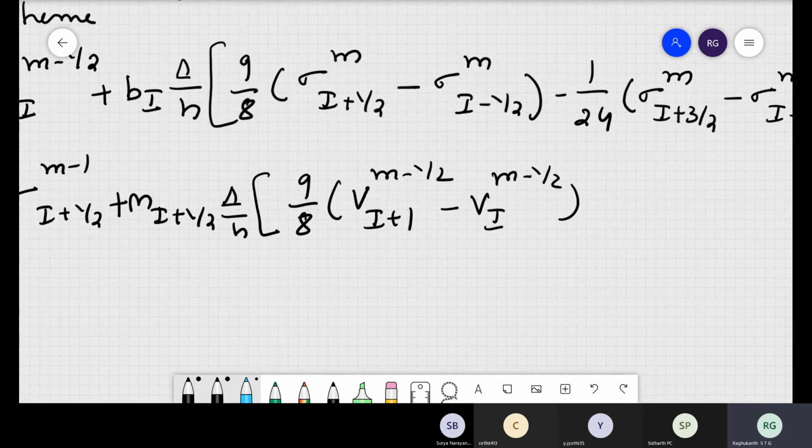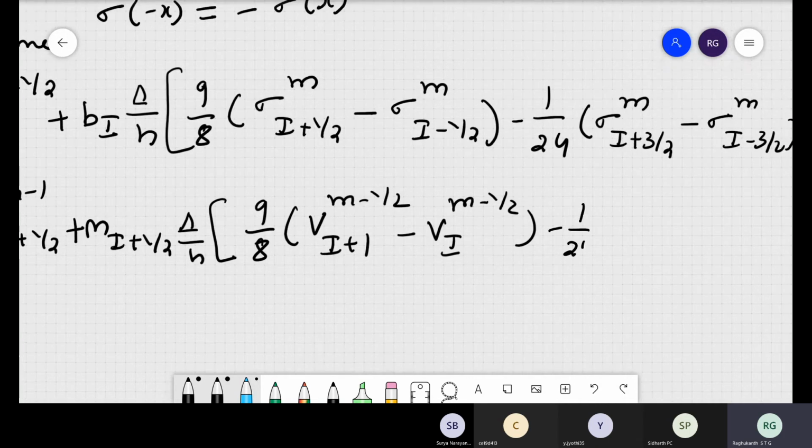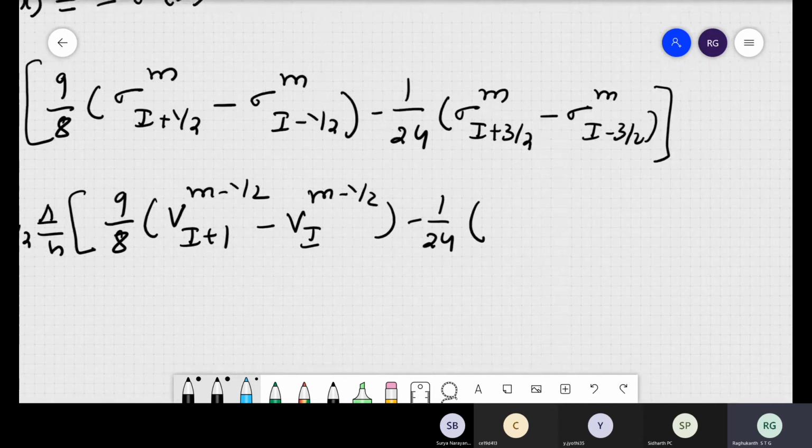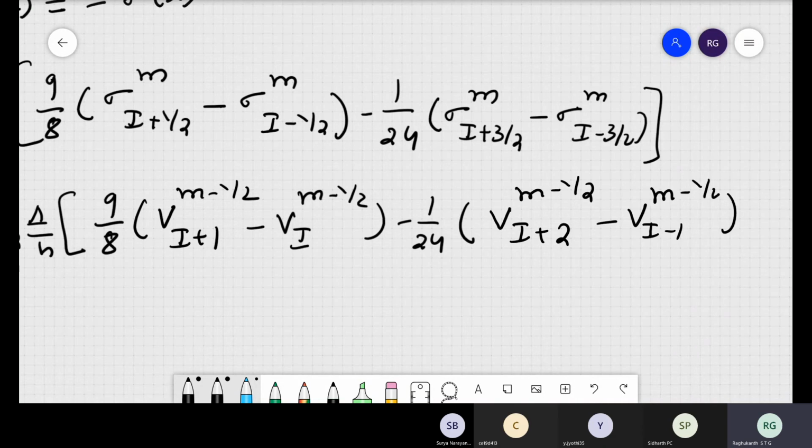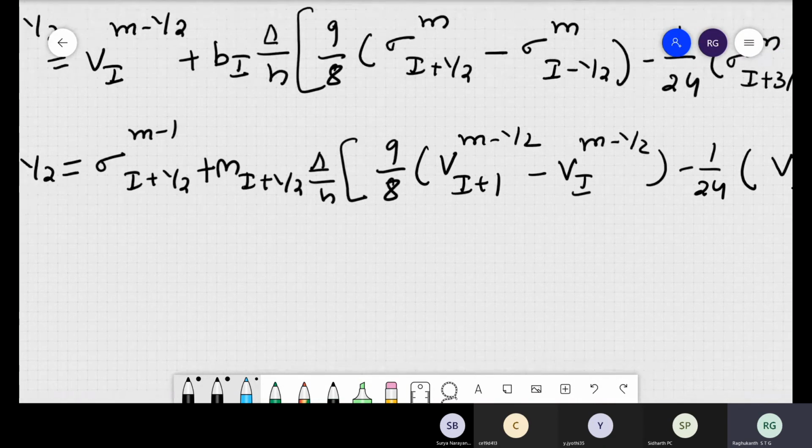Minus half minus, of course you have this 1/24, so this term also will be there. So V_{i+2}^{m-1/2} minus V_{i-1}^{m-1/2}. Okay, so this is our 2,4 scheme.